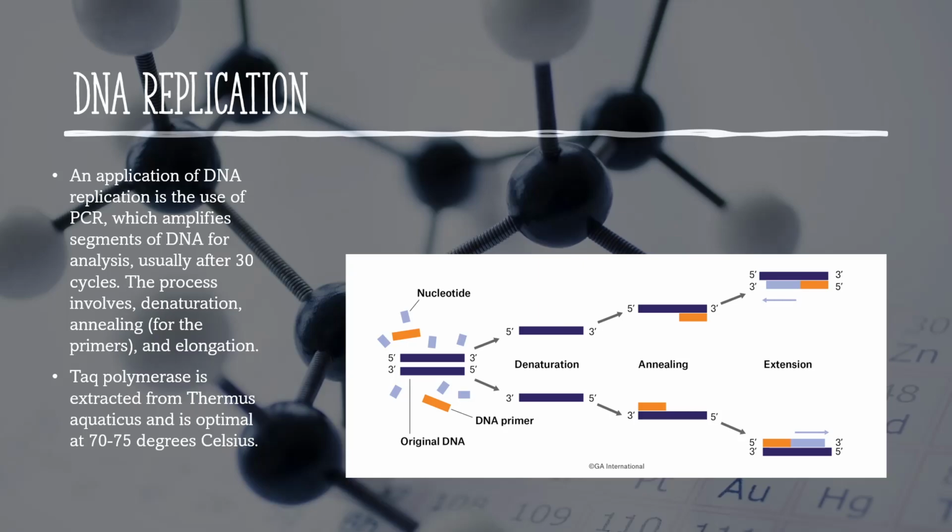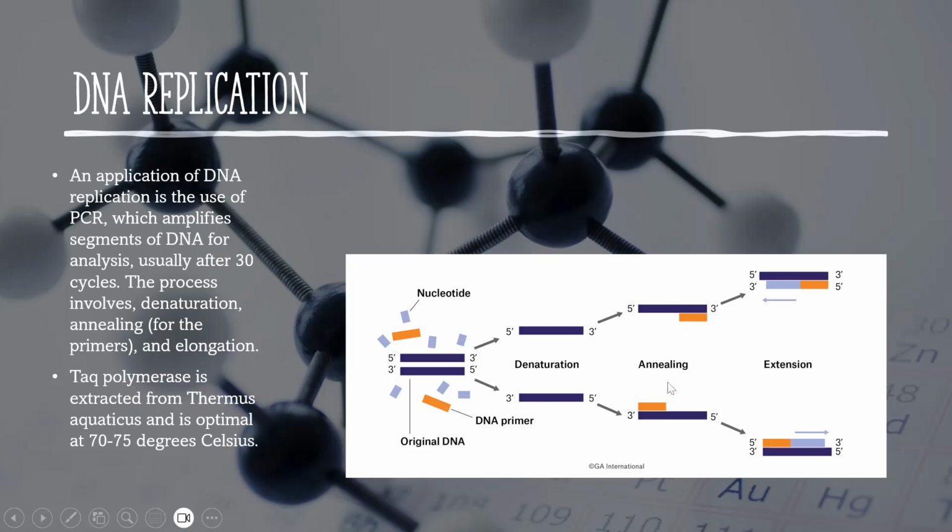The process involves denaturation, where you break the DNA strands apart, and then you anneal a primer to it. Primer design is a whole thing in itself that's really interesting. You design a primer that can attach to the DNA of interest.